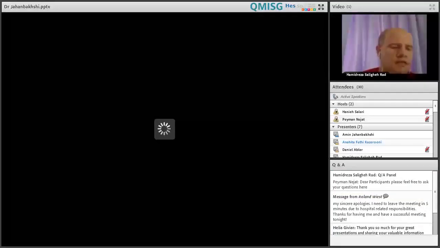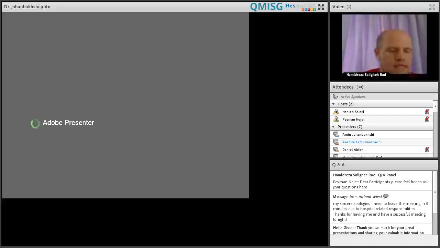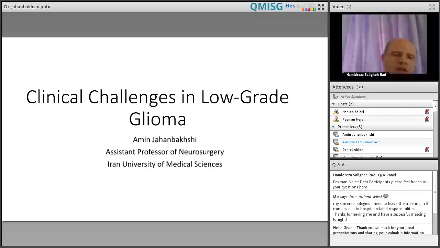So this panel also has 4 panelists discussing the problem from 4 different aspects. The panel starts with Dr. Jahanbakhshi, a neurosurgeon working on low-grade glioma. We'll continue with Dr. Kazemi, a neuroradiologist working on this problem.